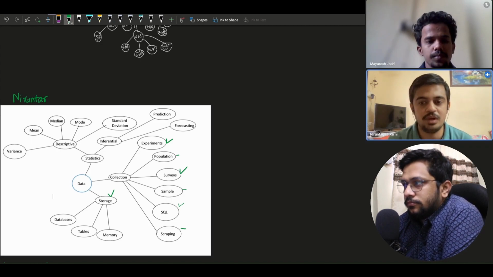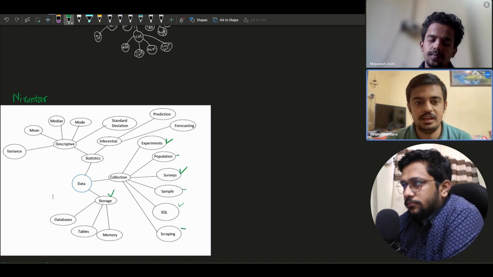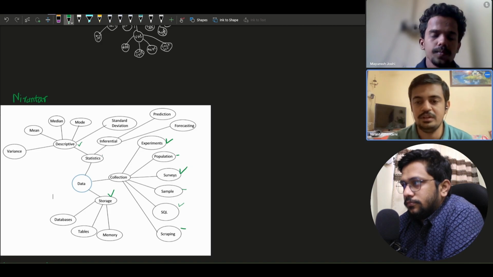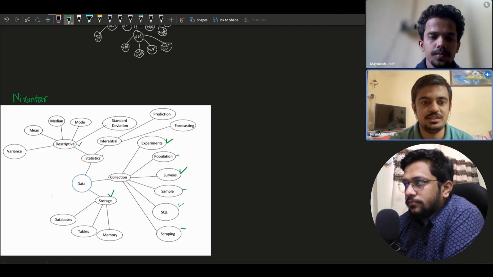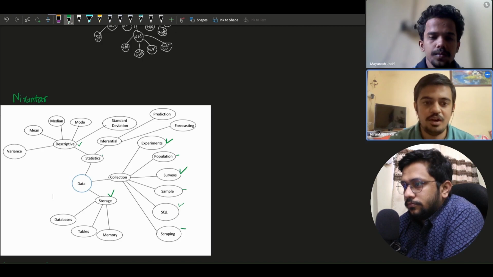How will we describe the data? Using how the data is spread and how it is distributed. For this there are various measures that we know from our school days: mean, median, mode, variance and standard deviation. These are measures for description of the data.